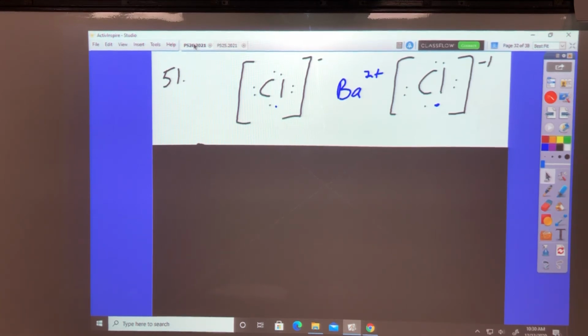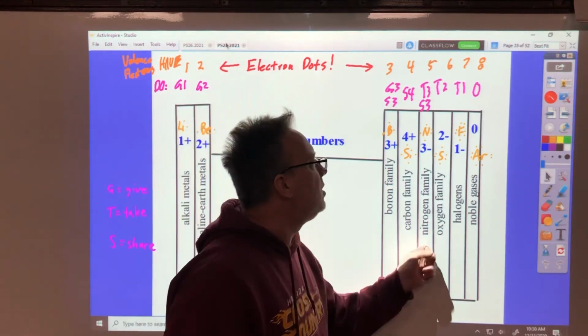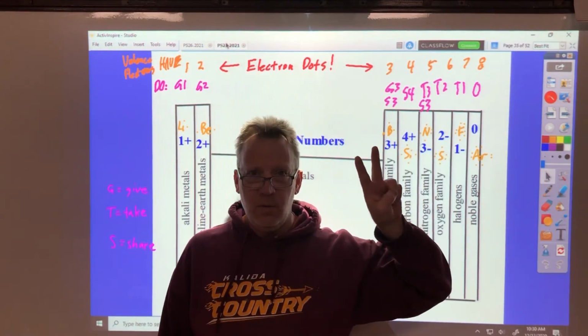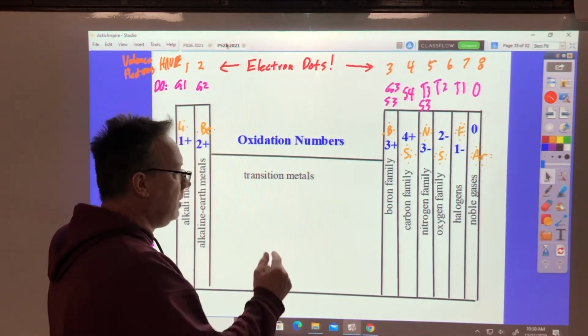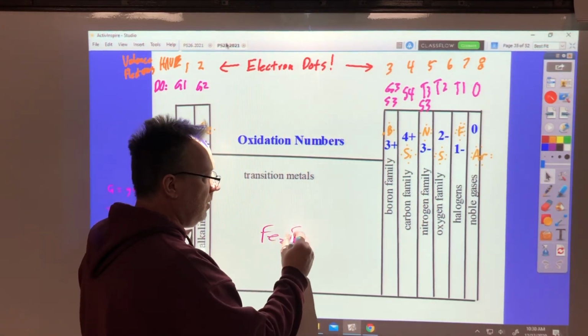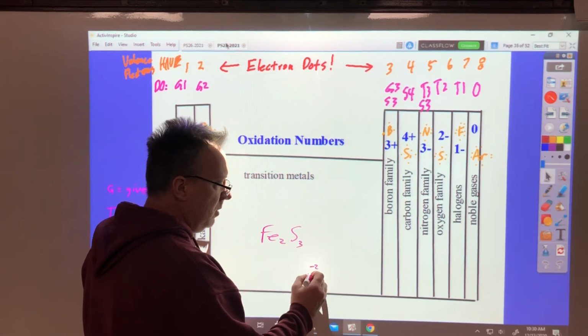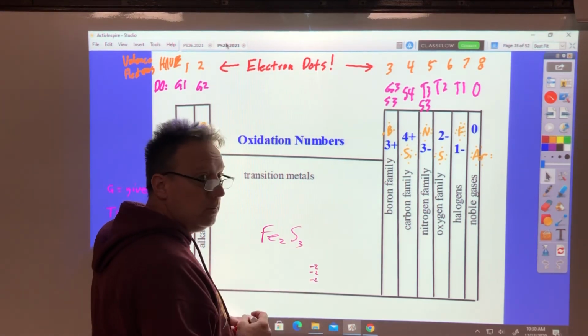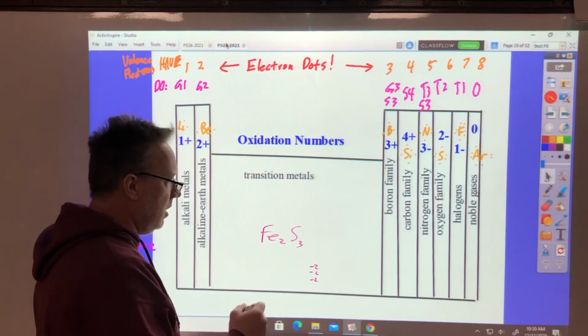What is the oxidation number of iron in the compound Fe2S3? Okay, well, sulfur's taking 2. What's iron doing? If it's Fe2S3, so you got a -2, and a -2, and a -2, because they're -2 apiece. And I have 2 iron.